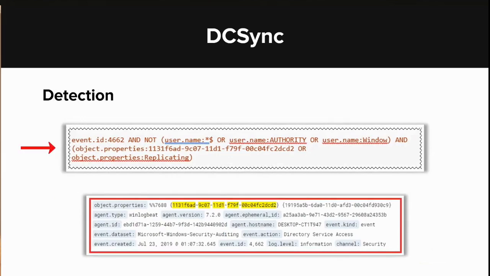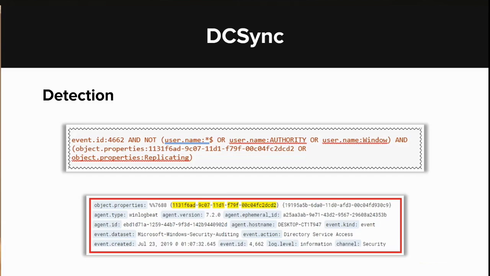Here's an example. On the top image, we have a query for a SIEM system where we are looking at event ID 4662, and where the username does not end with $, it is not NT AUTHORITY, or the username is not Window.